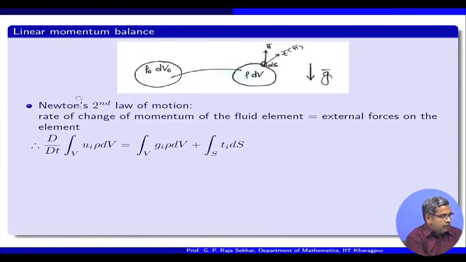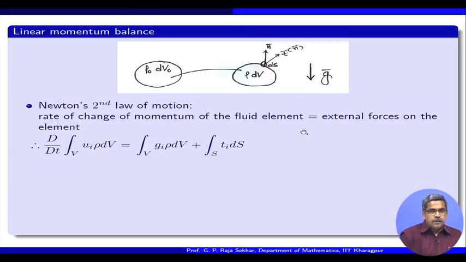Now, let us move on to the linear momentum balance, which is the most important governing law. So, what we do is we consider a fluid element and we are representing it by density rho_0 dV_0. Then this is after convecting, and this is the corresponding external gravity forces, and this is a small surface element, normal and the corresponding stress.